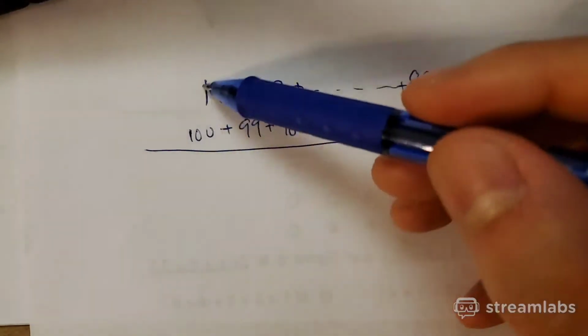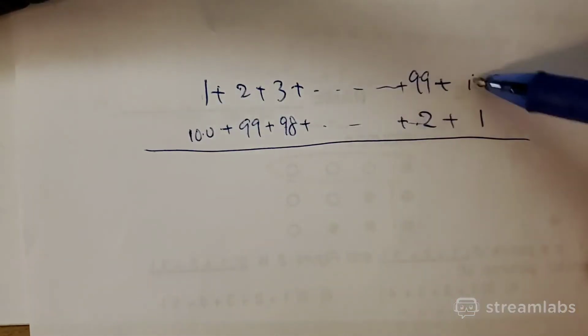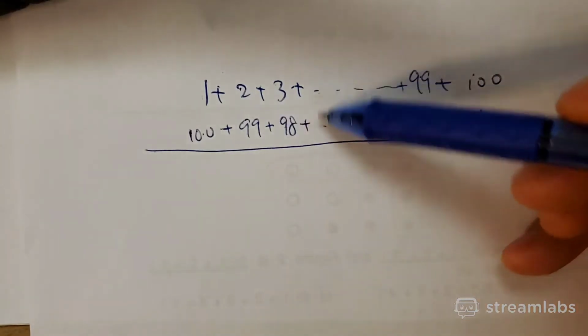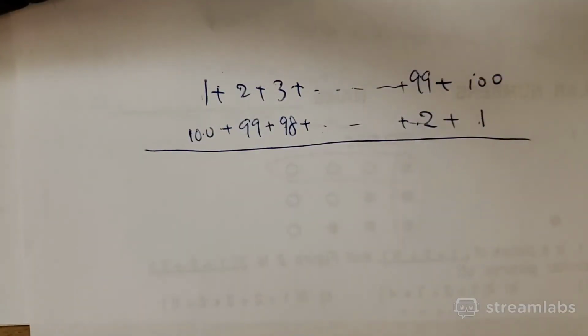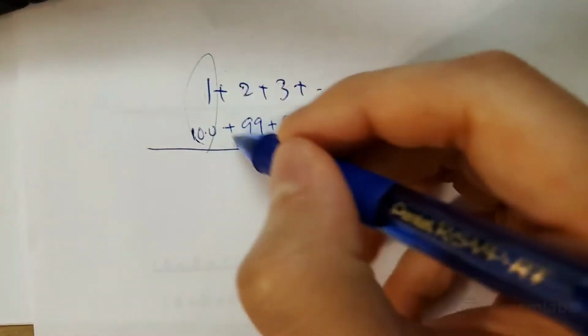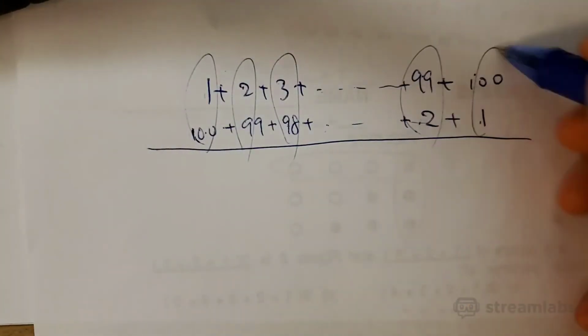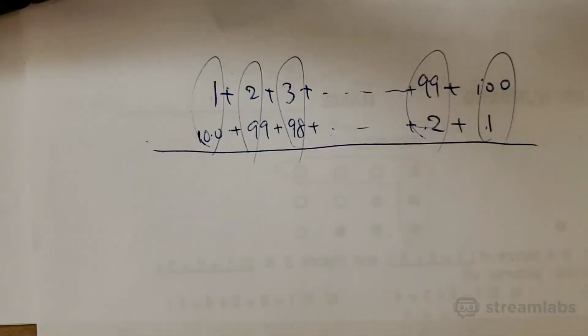What do you notice about these? How are they related? They add to 101, right?